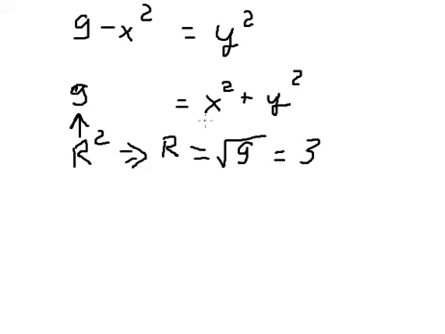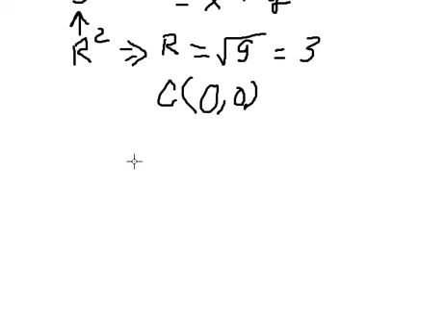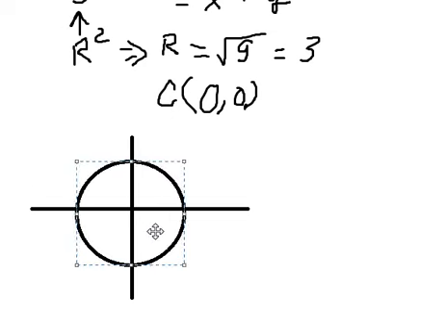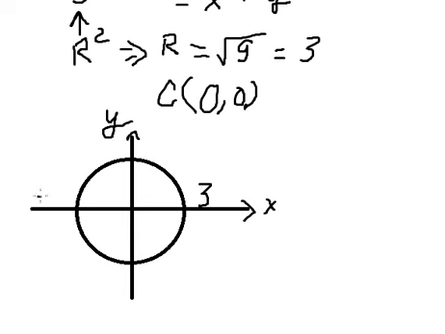Now we need to draw the circle with the center 0, 0. So we have positive number 3, negative number 3, positive number 3, and negative number 3.